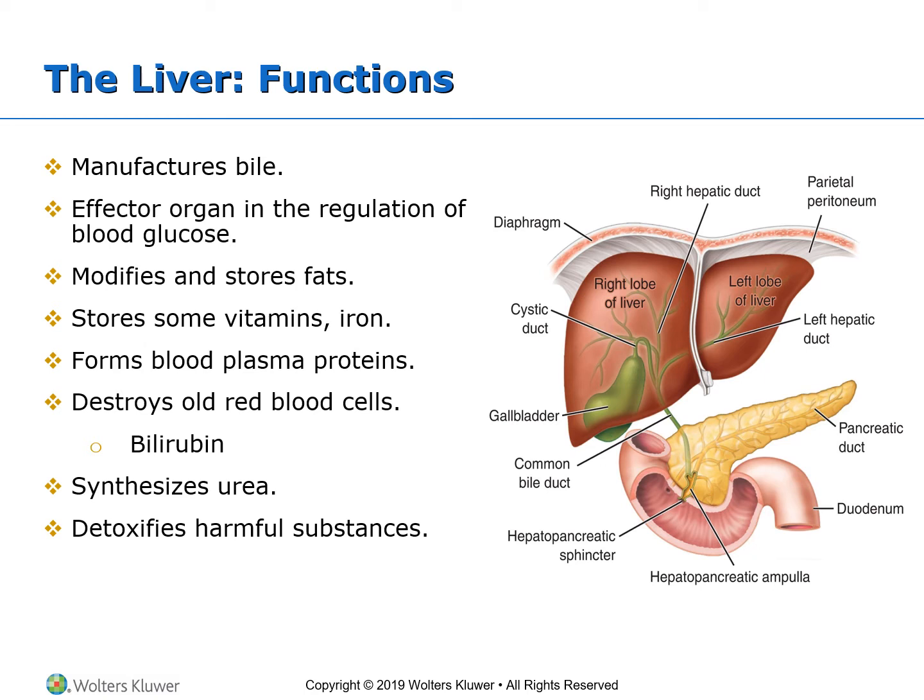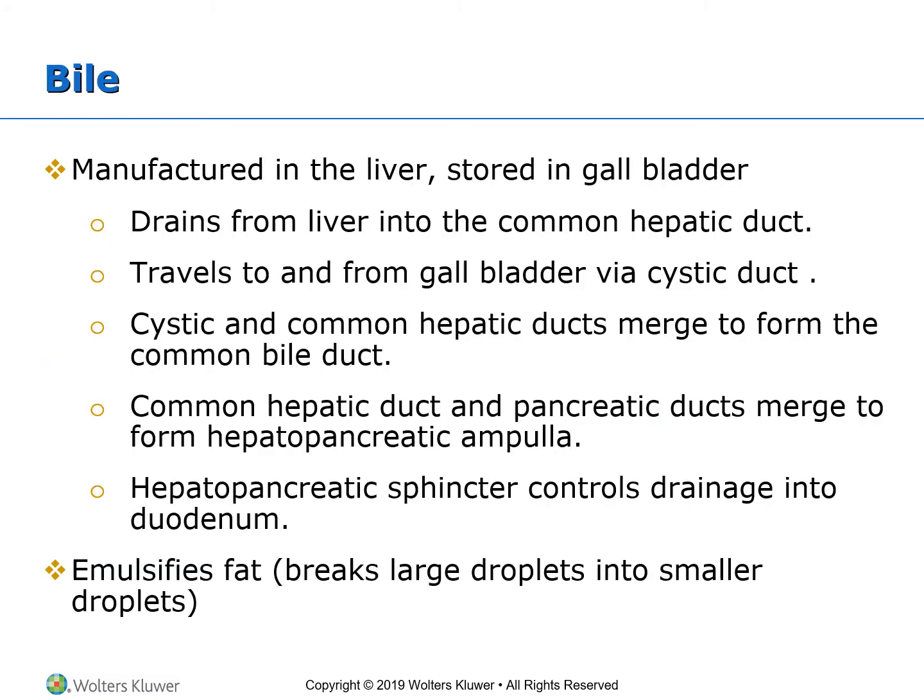And the last function, very important however, will be that of detoxifying, removal of any type of toxic or harmful substances. Examples of that are detoxifying alcohol or processing certain drugs and metabolizing them, inactivating them in order for the drugs not to be continuously working in our body.